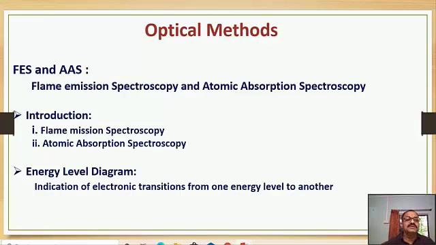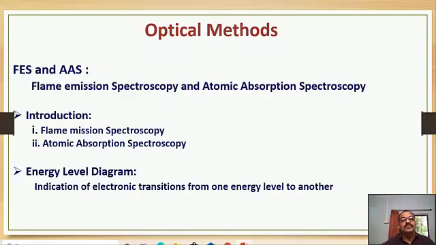This could be considered as de-excitation of the atom from upper energy levels to lower energy level by emission of radiation. If these emitted quanta are analyzed by the spectrometer, then we will be able to get an emission spectrum consisting of lines. These lines are characteristic of the element present in the sample.